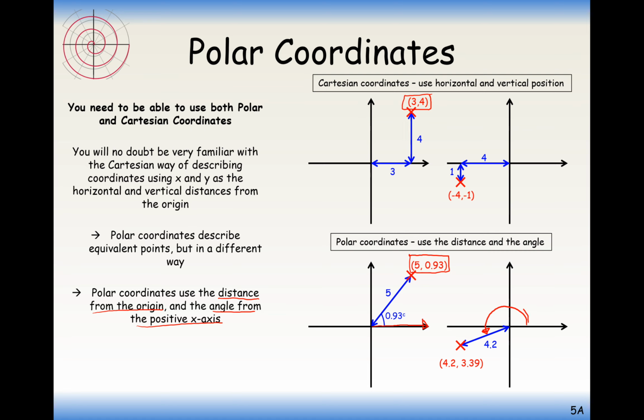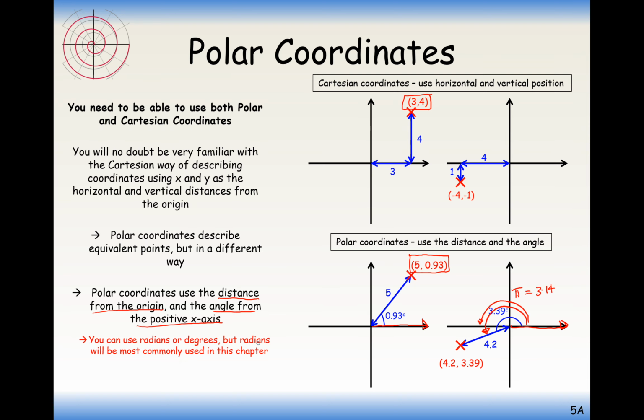So round from here to here, stopping here, that would be pi radians. 180 degrees is pi radians, or 3.14. So it makes sense to just go a little bit further on to 3.39, which will be the angle measured in radians round from the positive x axis.